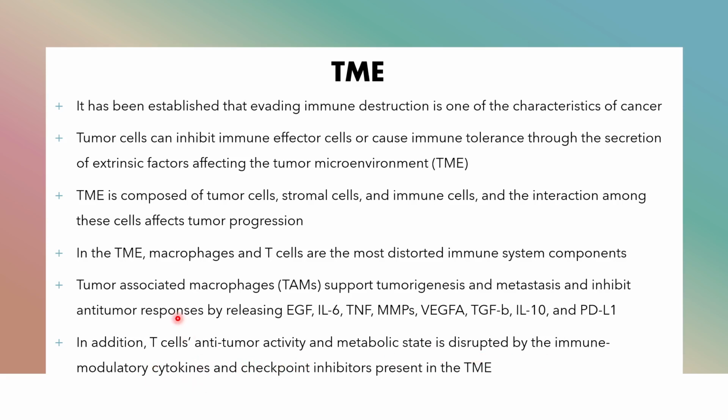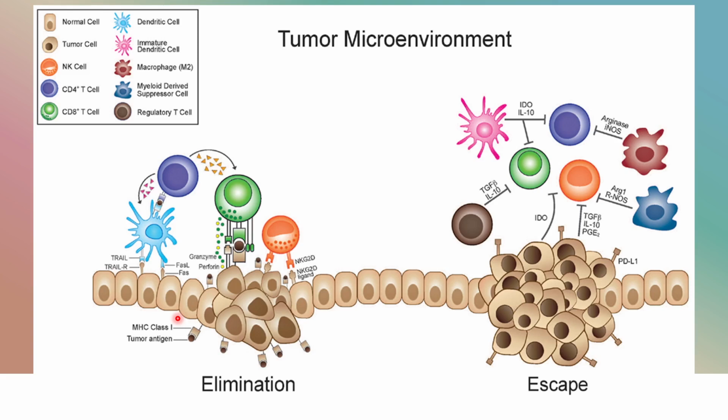Okay, so now you can get it. Basically the work of T cells is to kill the tumor cells, but now their anti-tumor activity is also disrupted by immune modulatory cytokines. So now you can understand this whole figure. This is the macrophages, and these are the T cells. These macrophages and T cells are basically getting deactivated or disrupted by the other cells of the microenvironment.